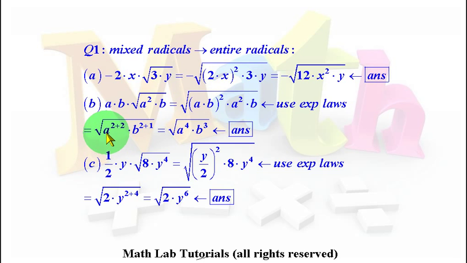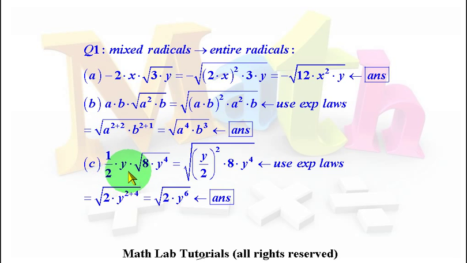When we use exponent laws, we get a to the power 2 plus 2, times b to the power 2 plus 1. When we continue to simplify, we get square root a to the power 4 times b cubed, and we are done. Again, the assumption is that the product a times b is positive, and the product a squared times b is positive. Okay, let's go on to part C.